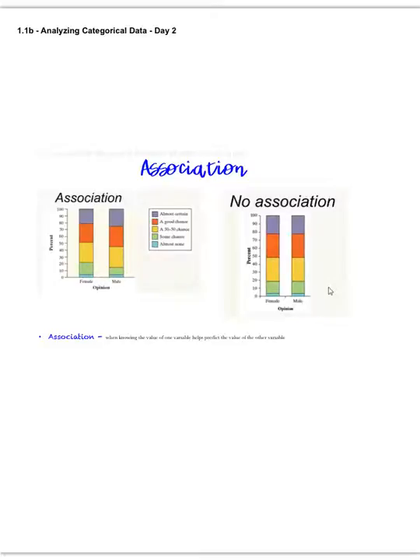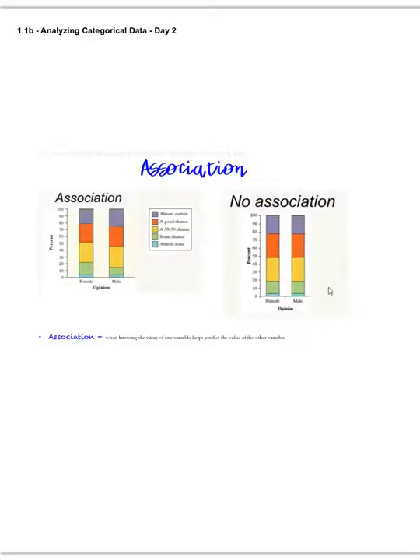When we look at these two bar graphs, we're looking for, is there a difference between how the males responded and the females responded, or are they exactly the same? When you look at this no association graph, these are equally spread, so that means there is no association.